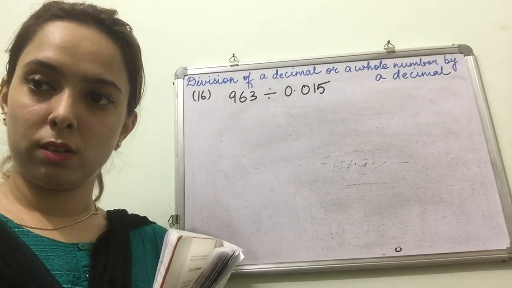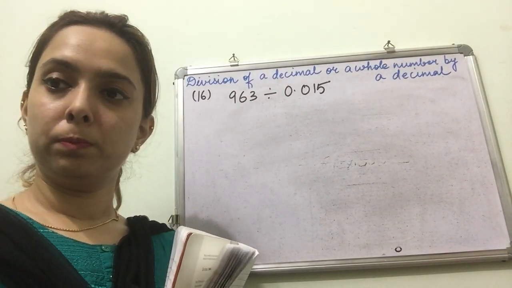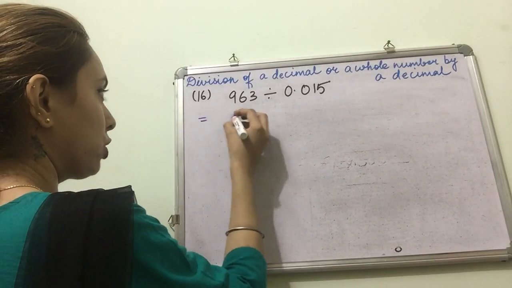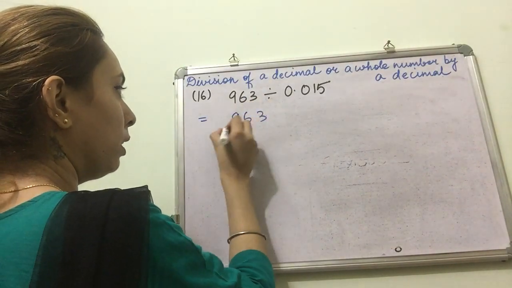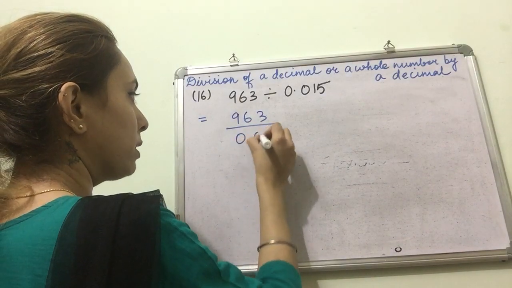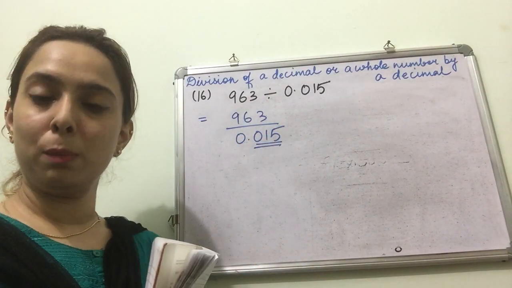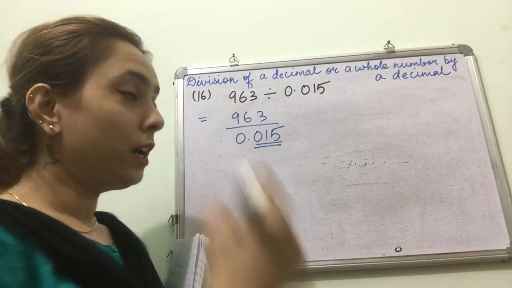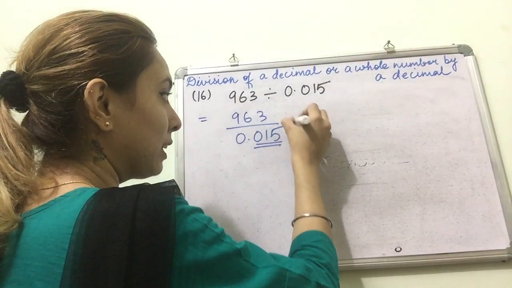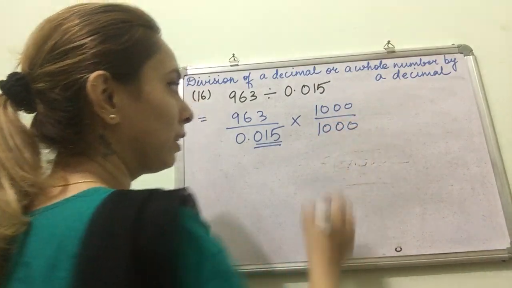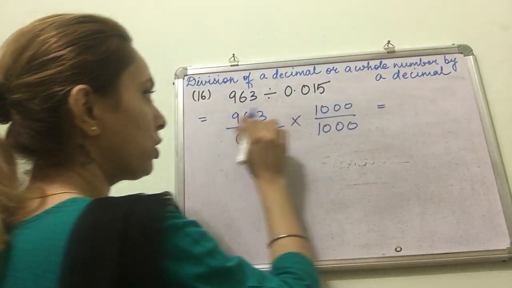Nice question. The question is a little changed. So write this down in fraction, 963 upon 0.015. Here we have 3 decimal places, so now you will multiply numerator and denominator by 1000. 1000 upon 1000.